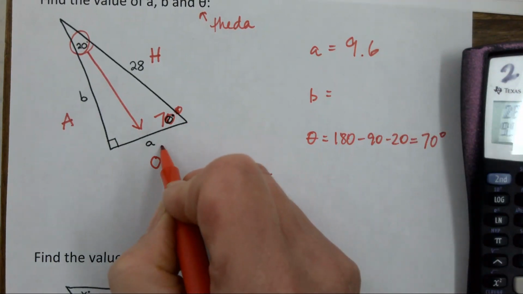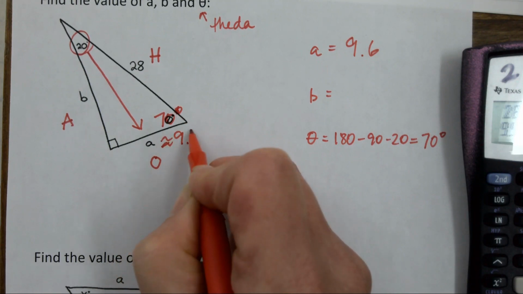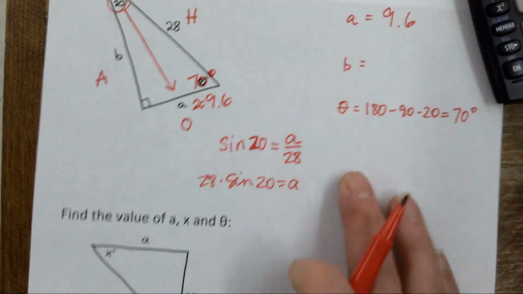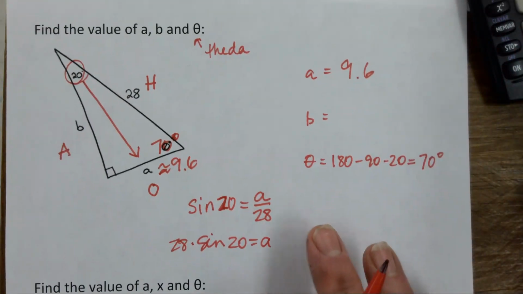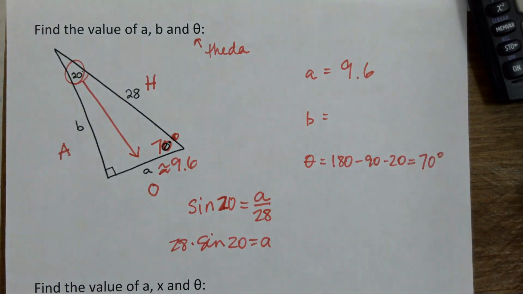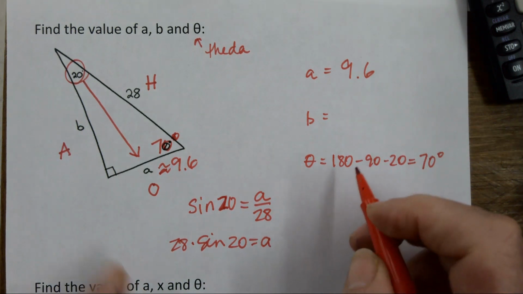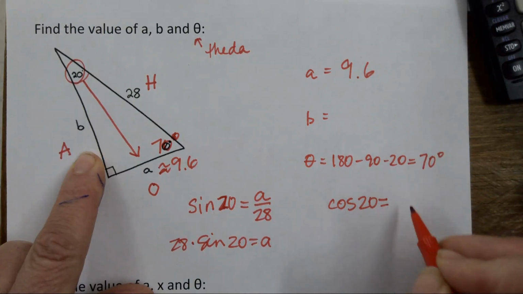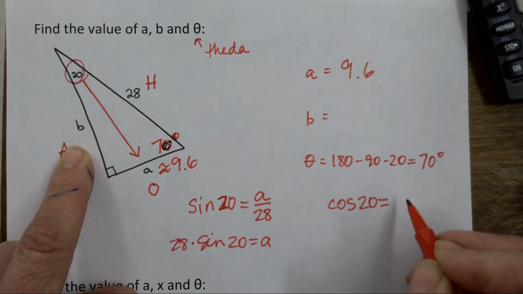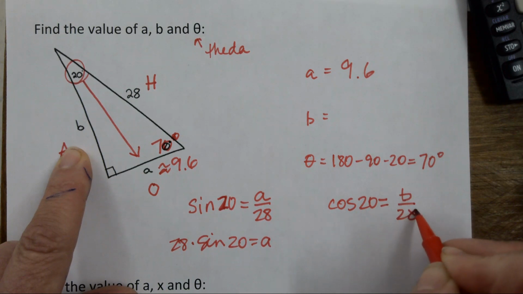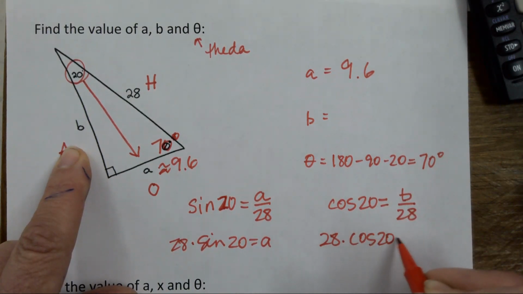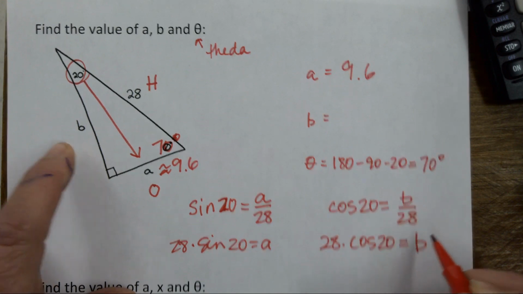So now I know that is roughly 9.6. Now what are my options? I still need to find B. What could I do? I could do the cosine. So I would set up the cosine of 20 equals B over 28, and I'll solve it the same way. That'll give me my B value.